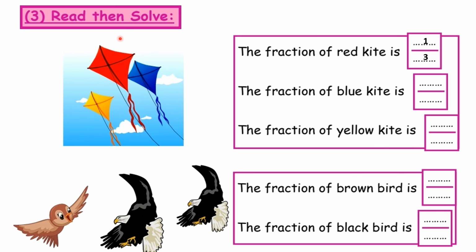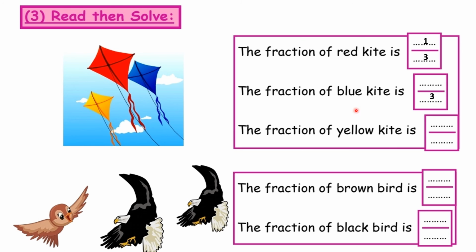So then the fraction: we look at the set, and the total number of the set is written down here, and the number of the items that I took out of the set is written up here. So I put here the fraction of the blue kite. I know that there are 3 kites, so I put the total number of kites down here.